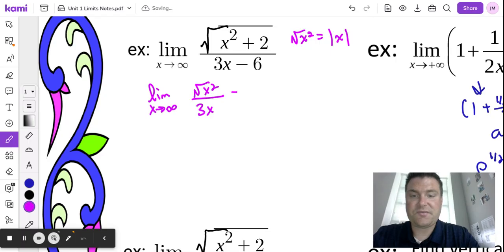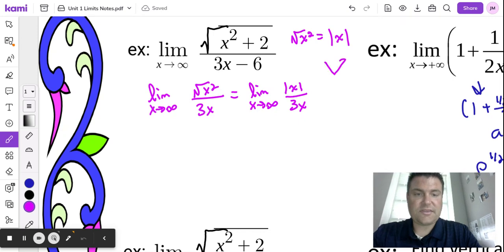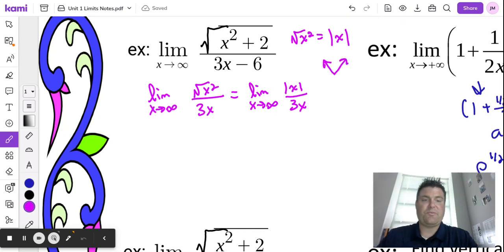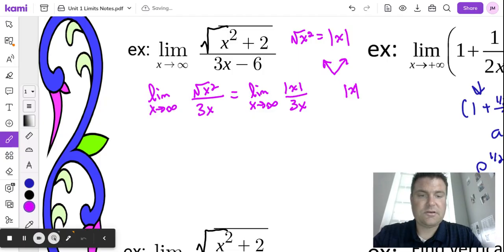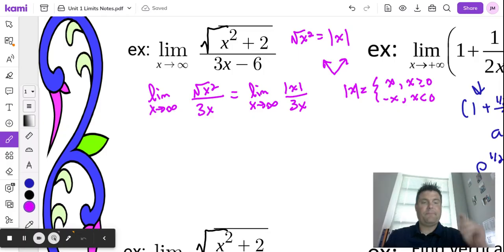So I can easily rewrite this as the limit as x goes to infinity of the absolute value of x over 3x. Now, it's important to know what the absolute value of x looks like. It looks like a V, like this. And we should also know by definition, we're at positive x when x is greater than 0, and we are at negative x when x is less than 0.